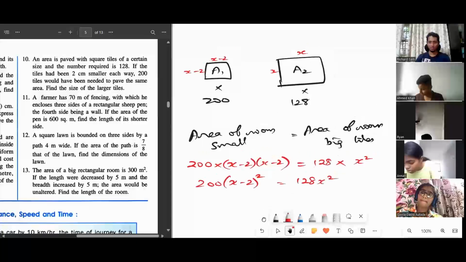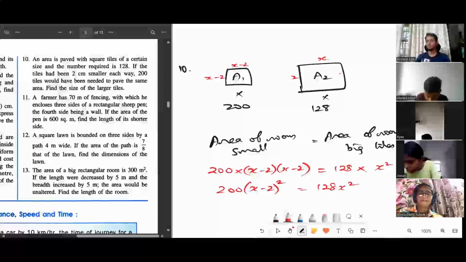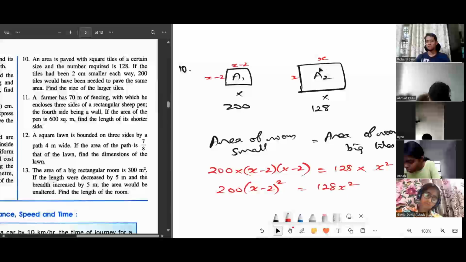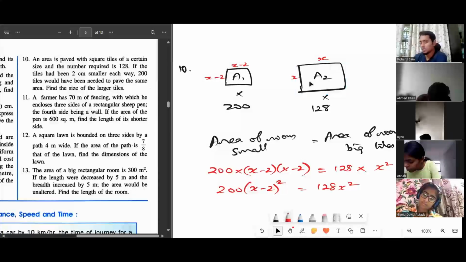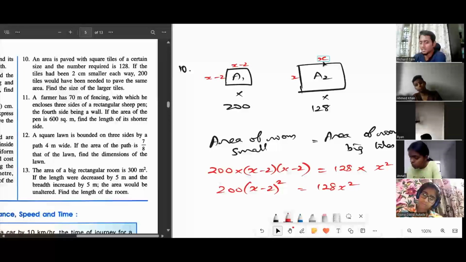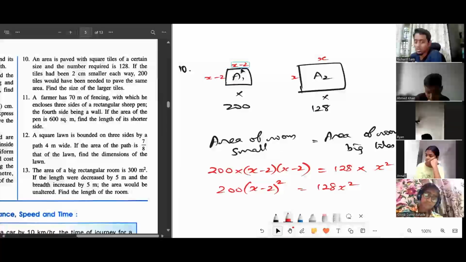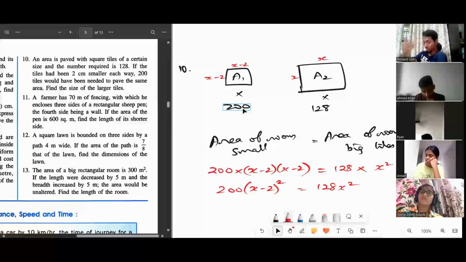You have to write statements for this. A tile of size x, number of tiles is 128. Then if size of tile is x minus 2, number of tiles is 200. Some statement you have to write for this and then equations.